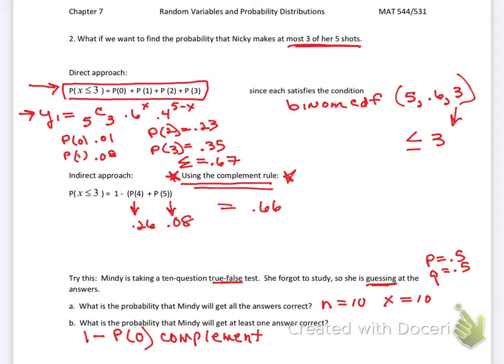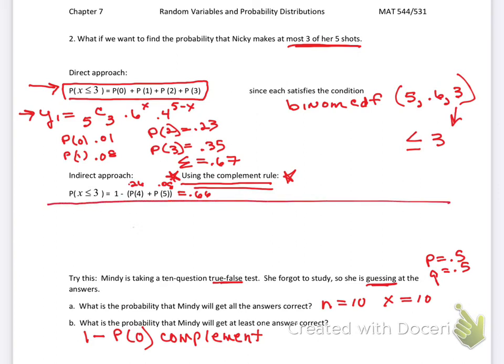Why don't I just rewrite some of this? I'm going to put this here and this here, and that's going to allow me to free up all of this, and then I will say that this equals 0.66. Okay, so that ends there.